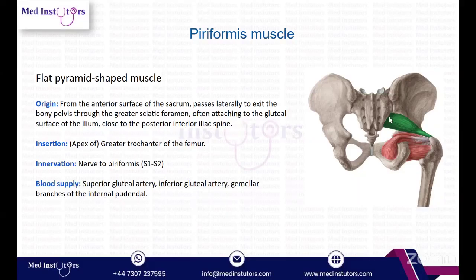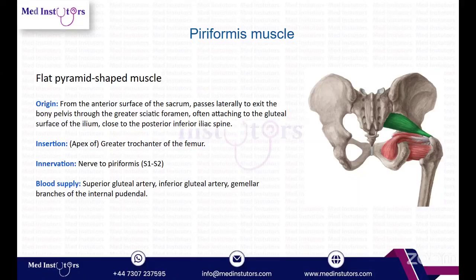It is coming from the anterior surface of the sacrum, and it passes through the greater sciatic foramen, and it is a very high-yield landmark for this muscle. That's why this muscle plays a significant role when we are studying the anatomy of greater and lesser sciatic foramen. After passing through greater sciatic foramen, it will insert on the greater trochanter of femur.